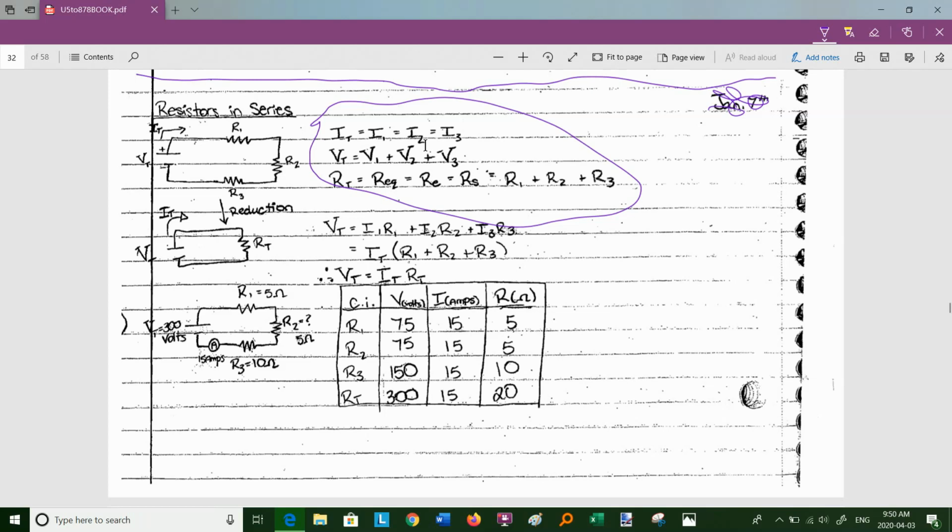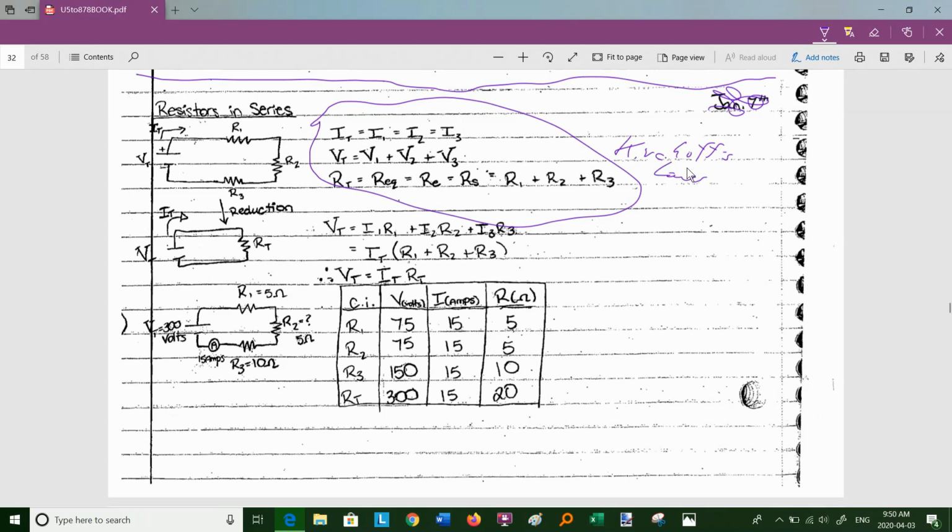This all comes from something known as Kirchhoff, K-I-R-C-H-O-F-F, Kirchhoff's law. So if you take some more circuit analysis in future courses, you're going to hear that phrase, Kirchhoff's law.